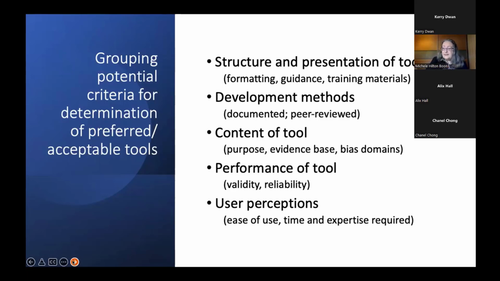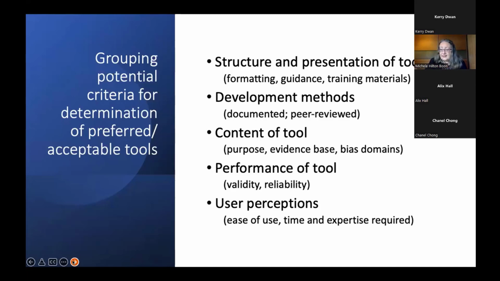I then grouped the criteria under 5 categories: structure and presentation of the tool, the methods used to develop it, the content of the tool, so the actual bias domains and signaling questions that were used, the evaluations of the performance of the tool, its validity and reliability, and then a group of characteristics that here are called user perceptions. So characteristics that can only be judged by the people using the tool, and that this assessment will vary from one group of users to another.